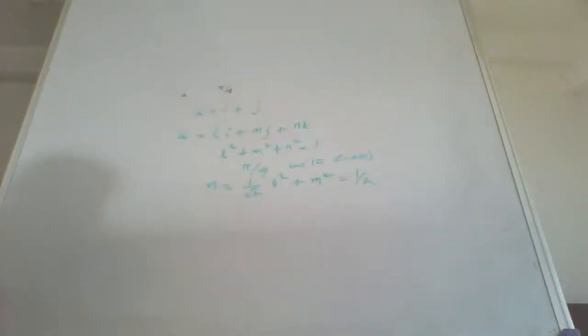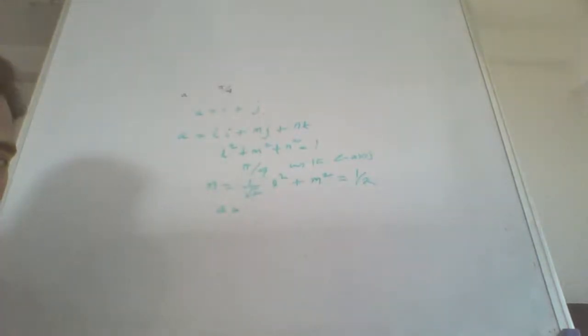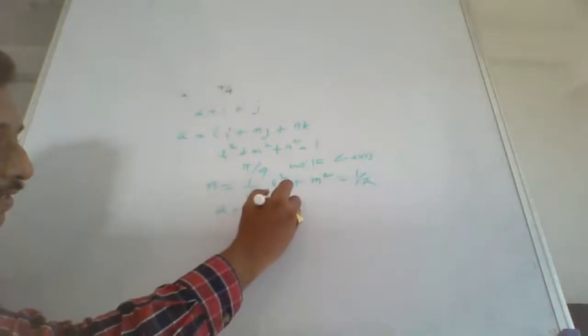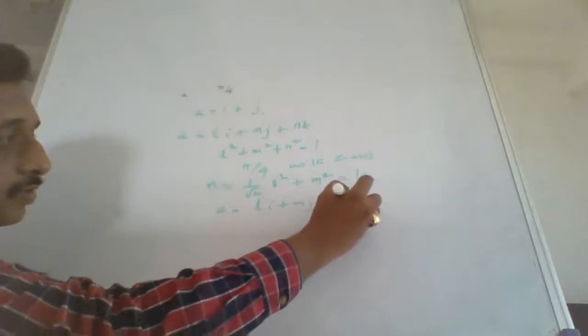So a will be li plus mj plus k by root 2.